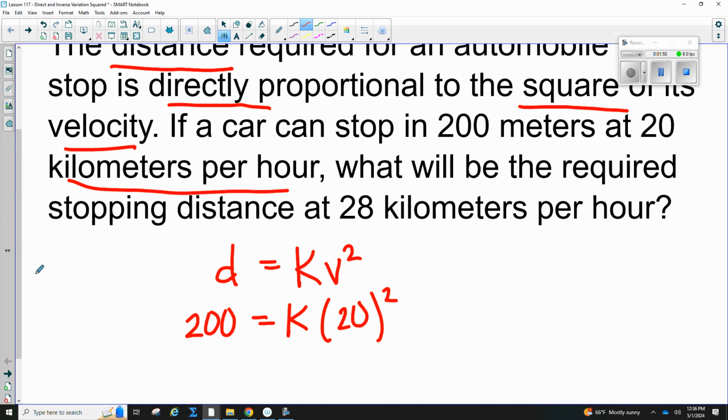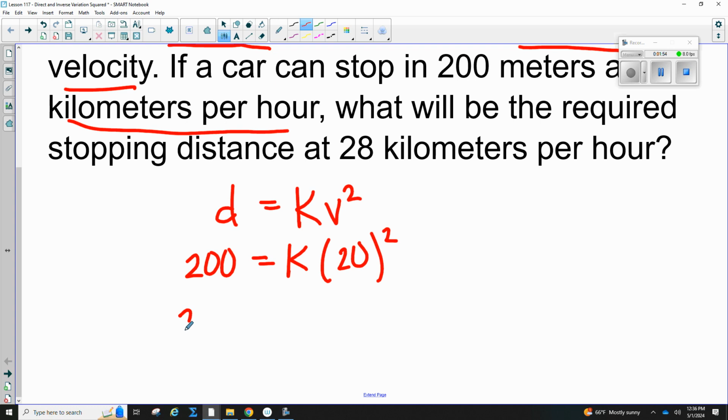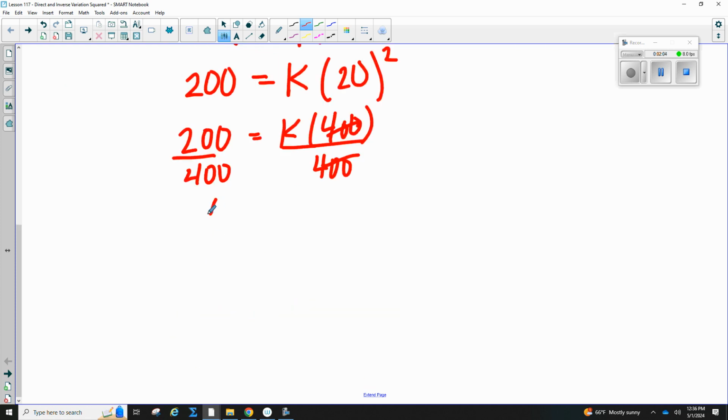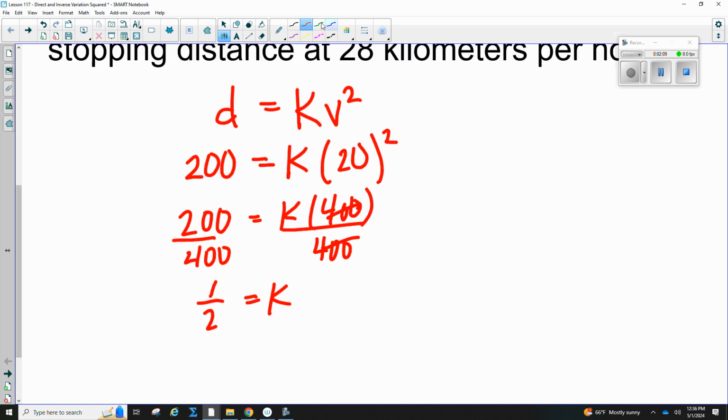So they give you that just so you can find K. What's 20 squared, you guys? It is 400, all right? And then we're going to solve for K by dividing both sides by 400. We do get a fraction here, so K is equal to 1/2 when you reduce. Okay, plug it back into the formula. D equals, so the distance equals 1/2 times the velocity squared every time.